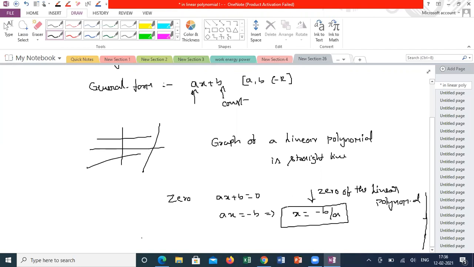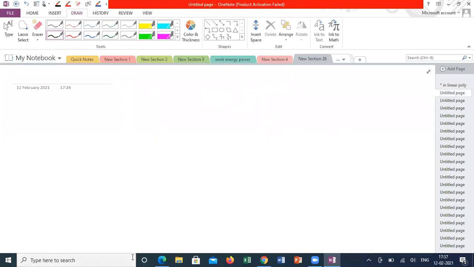So graphically we can represent y is equal to p of x. Suppose in a graph, please let me know how many zeros of the polynomial for this line. No zeros.